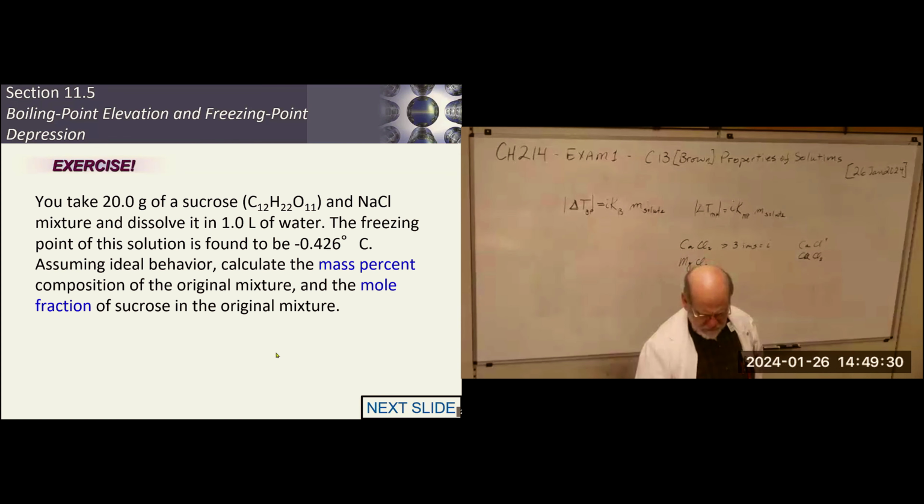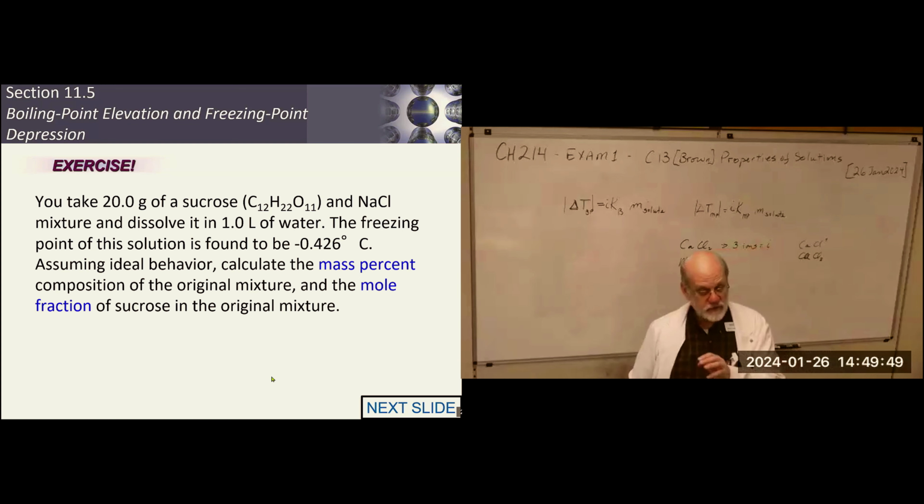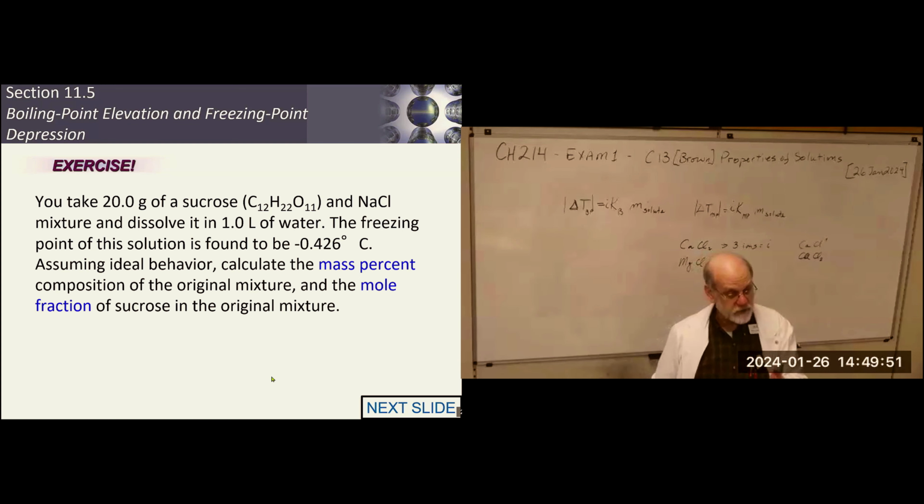Okay, let's see. Did I work that one out? Okay, 20 grams of a sucrose and sodium chloride mixture is dissolved in 1 liter of water. So you've got a mixture of sucrose and sodium chloride, but you don't know the ratio of the two.